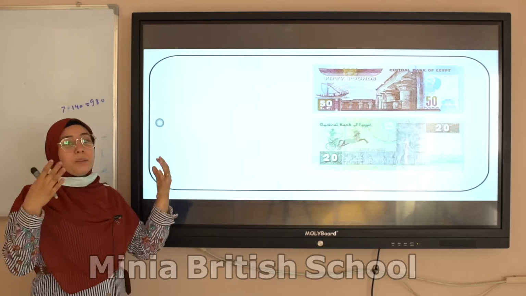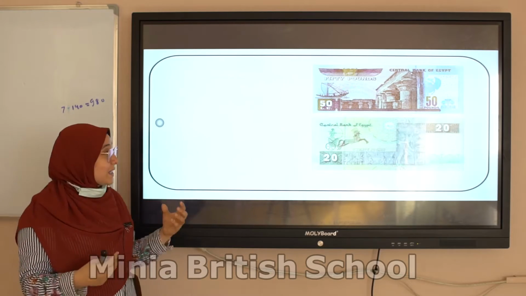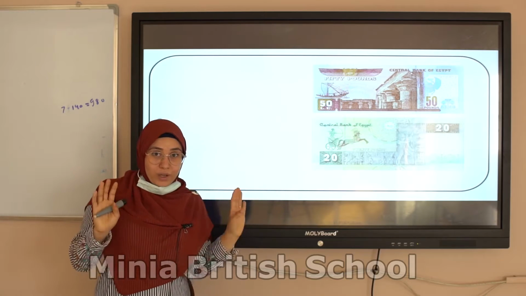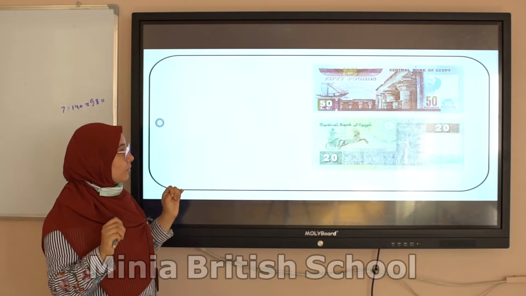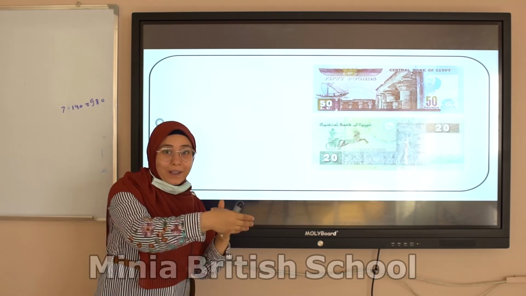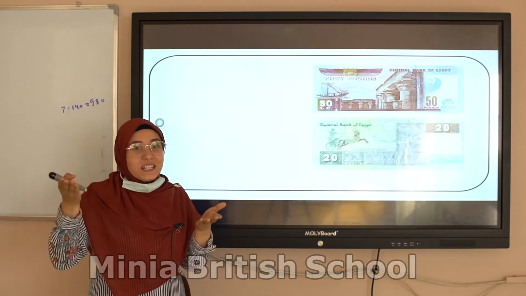Now, I will suppose x is the number of 50 banknotes, so the value of what he has of 50 banknotes is 50x.